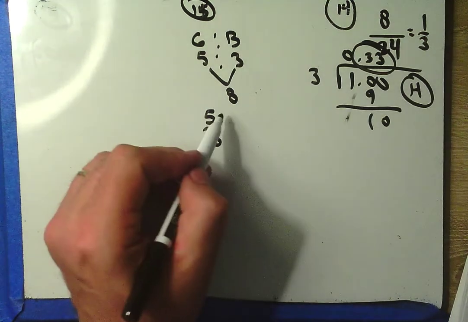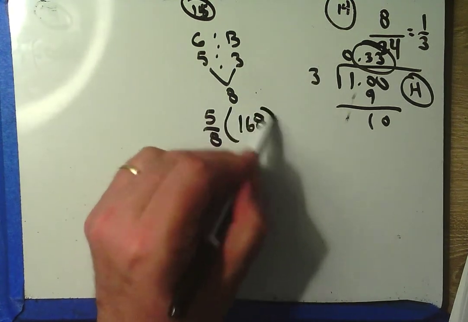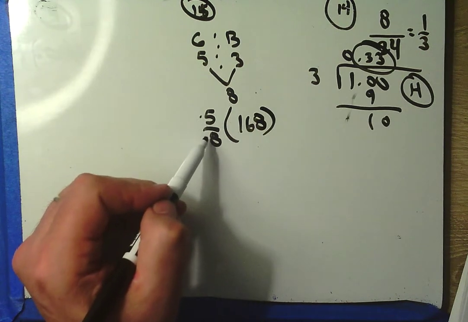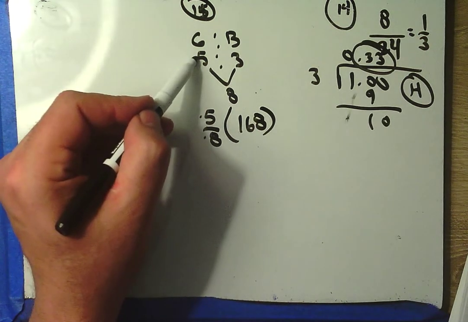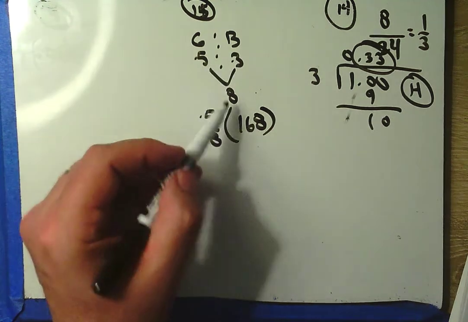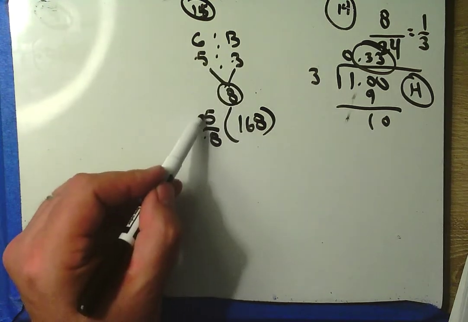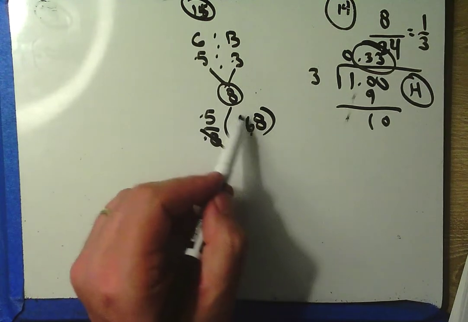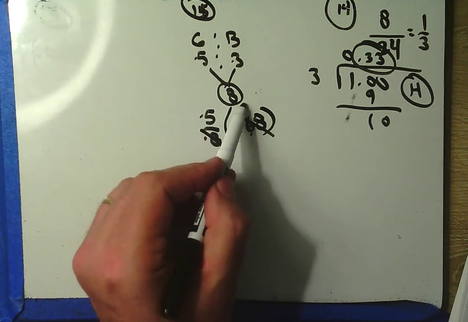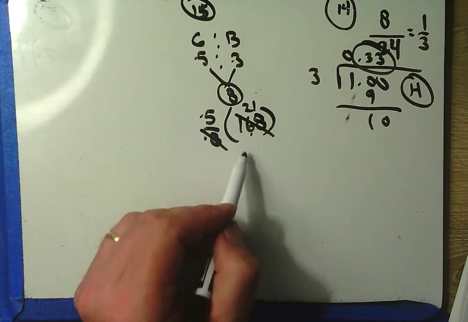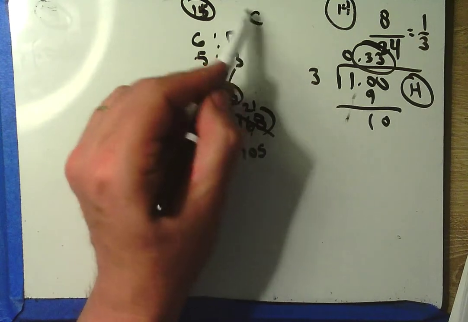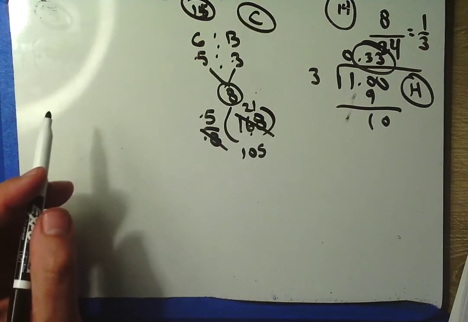If there are a total of 168 students, then I want to multiply 5/8 by the total. That's every 5 girls, there are 3 boys. Total is 8. So girls to total times the total. And I see that I can do some canceling here and get 21 times 5, or 105 girls. And that's why C is my choice for number 15.